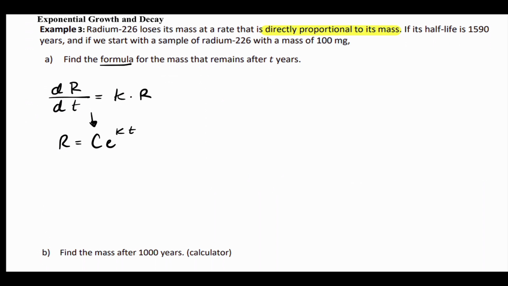What do we know? At 0, it's 100 milligrams. I have 100 milligrams of radium at the start, right? By 1,590 years, it may be 0.